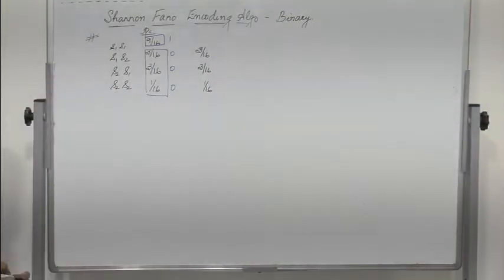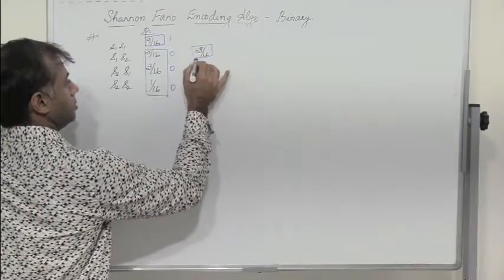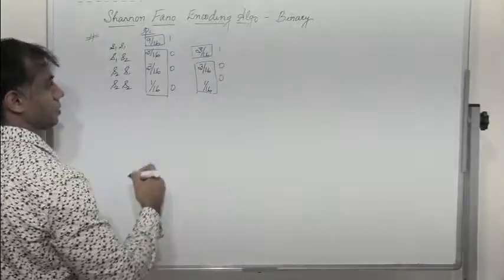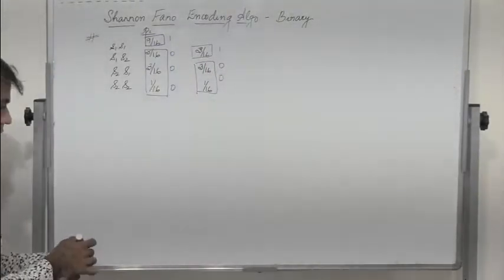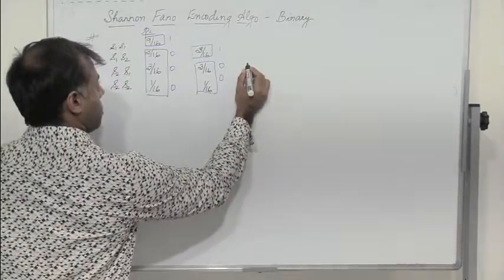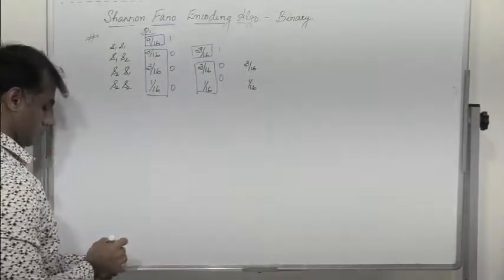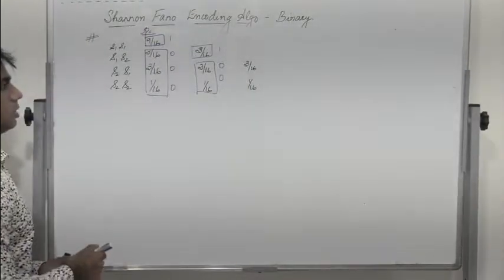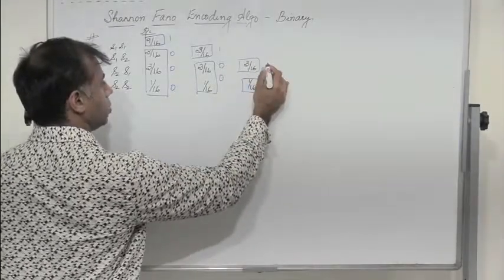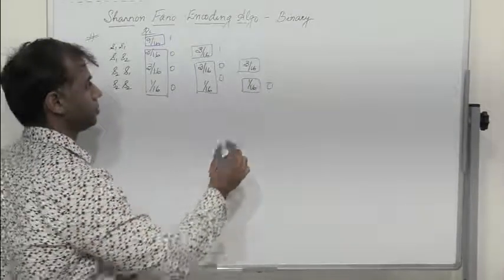Divide this again, so I get 1 and 0. Again divide into two halves: 3 by 16 is the top group and 1 by 16 the bottom group, and we get 1 and 0.